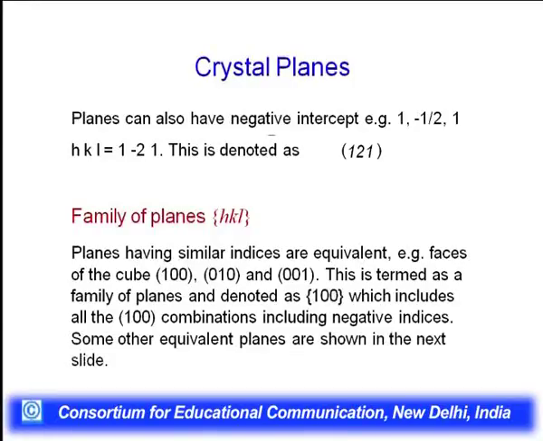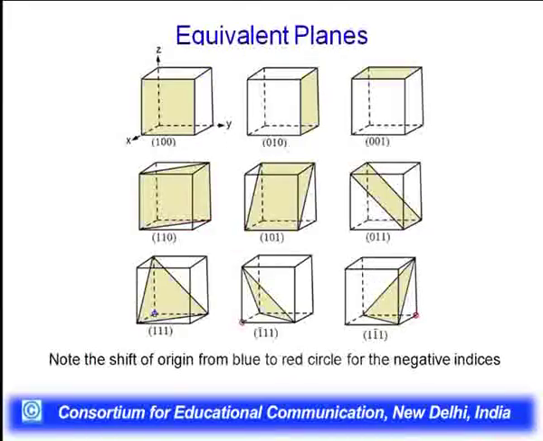Some other equivalent planes we have, just see here. This is the family of 1, 0, 0, this is the 0, 1, 0, and this defines 0, 0, 1, and here we define the 1, 1, 0, 1, 0, 1 plane and this is the 0, 1, 1 plane.